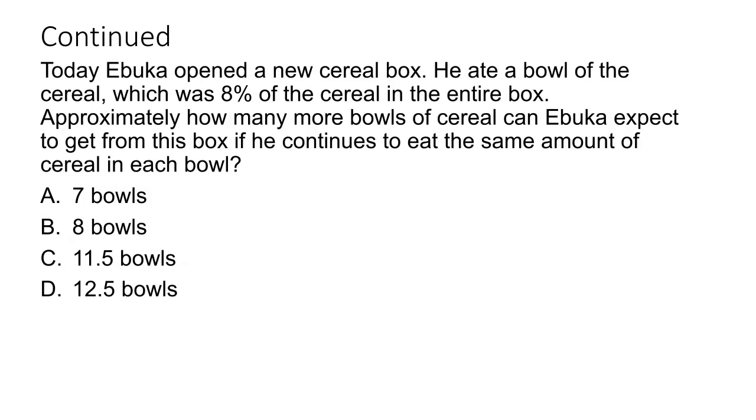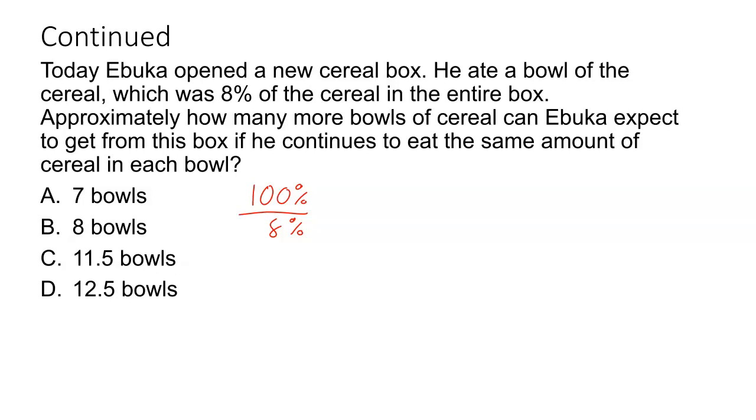I'm going to do it in a slightly different order than you did. You take a whole box of cereal, and you want to figure out how many bowls of cereal you can get out of that entire box. Each bowl is 8%. Divide the box by 8%. Divide 100% by 8.